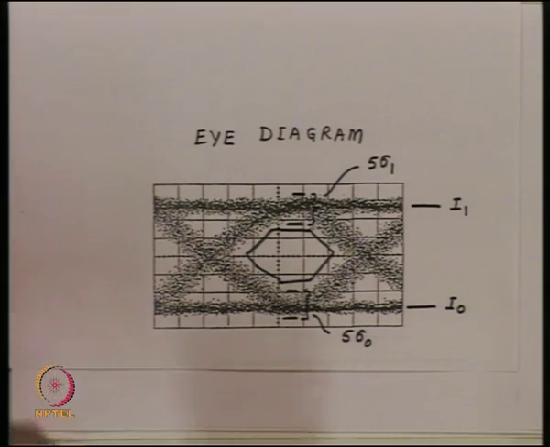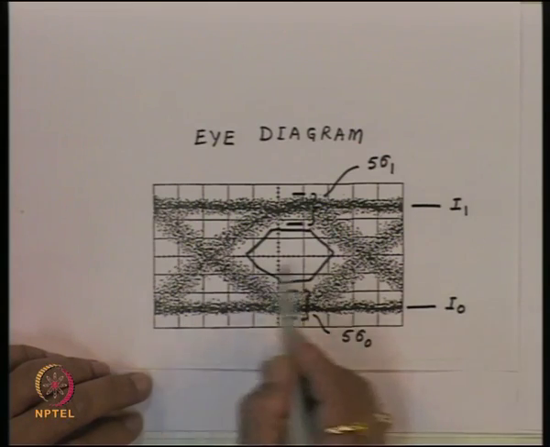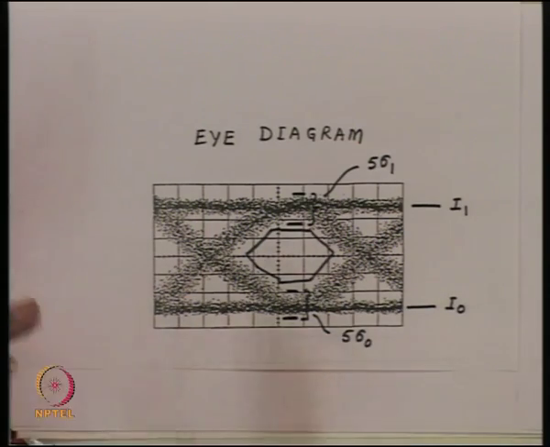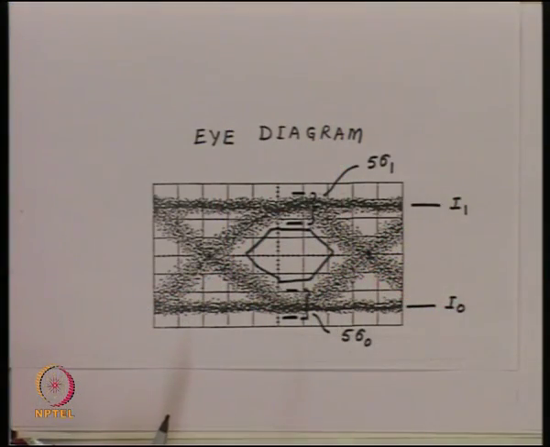What more does the eye diagram give? We see that since we have synchronized the data with the clock, essentially this period from here to here will be 1 bit duration. So, if the data is coming with an absolutely constant clock, or on the receiver side when the data is received, we generate the clock from the data, we will see later, and if this clock is perfectly stable, we will see that these points are very steady points, they do not change as a function of time.